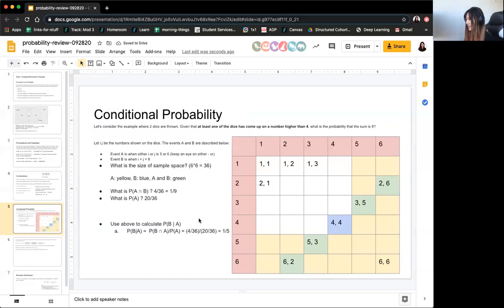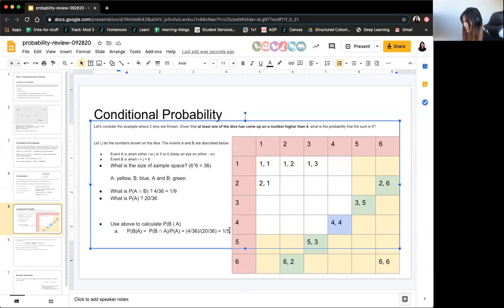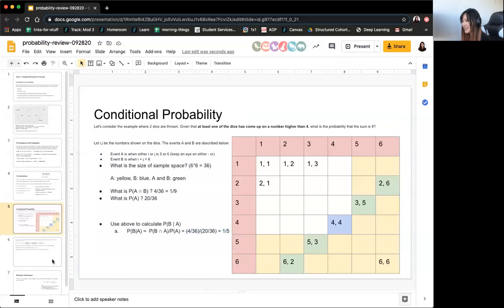And there we have it. That is the conditional probability for this question. Questions about this one? All right, nice. We're making good headway.